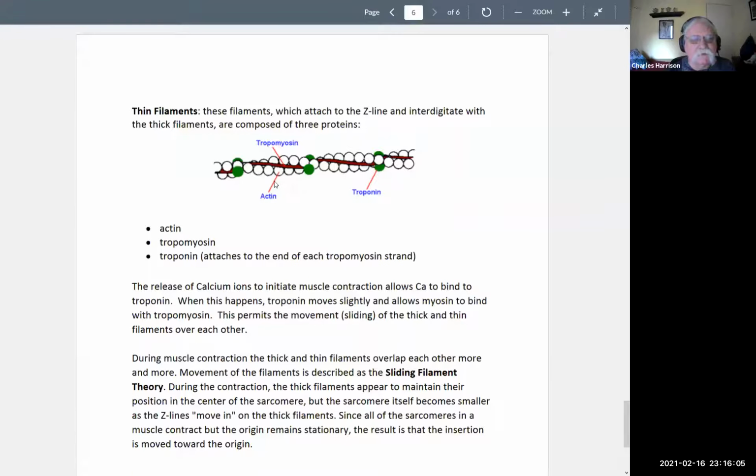The thin filament consists of 3 proteins. Don't worry, we're almost done. First, it has 2 spiraling layers of beads of protein called actin.